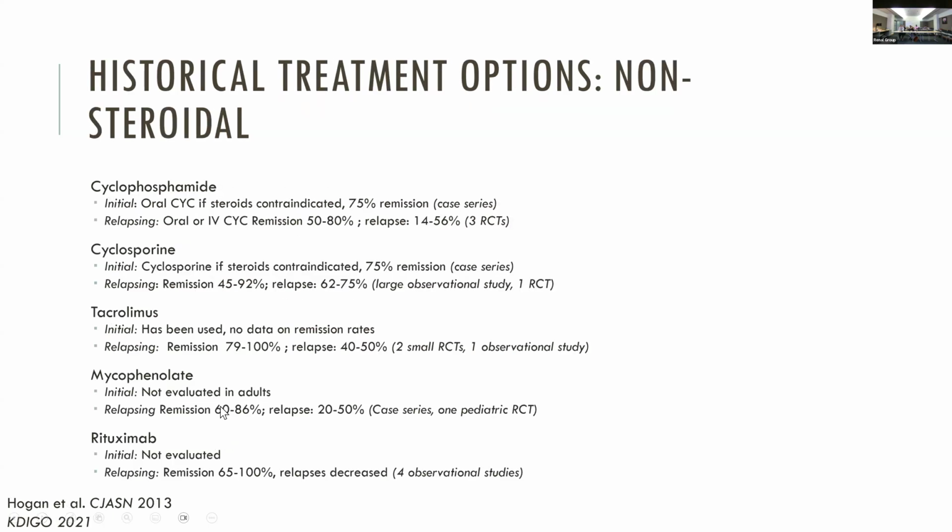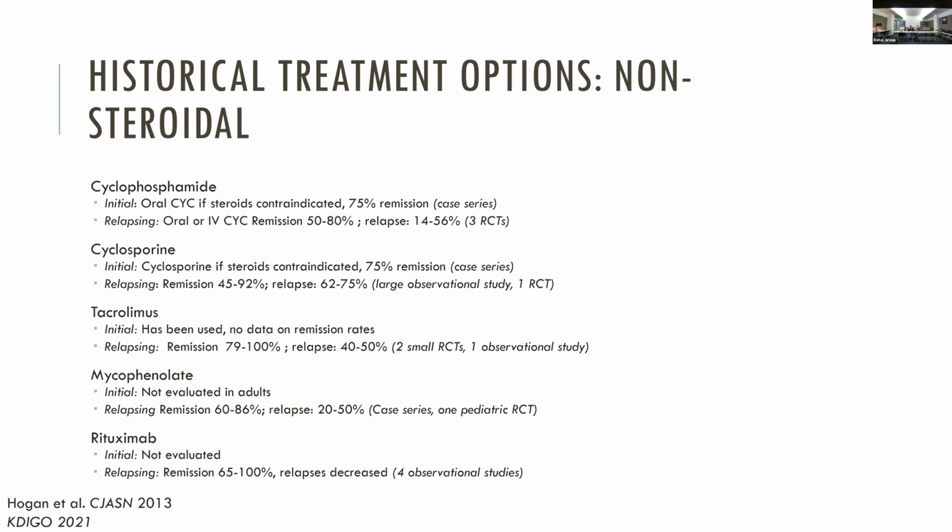The historical non-steroidal treatments, for patients who either have contraindications to steroids or who are frequently relapsing or steroid dependent, are Cytoxan, the CNIs, mycophenolate, and then rituximab. The key takeaway is that these are not great. There are not a lot of great studies.